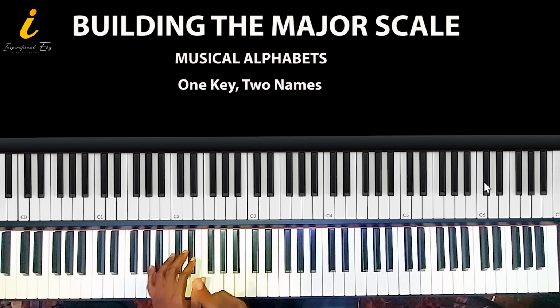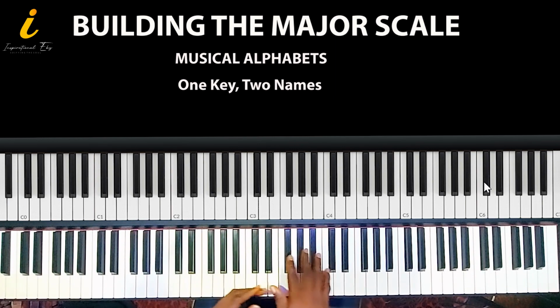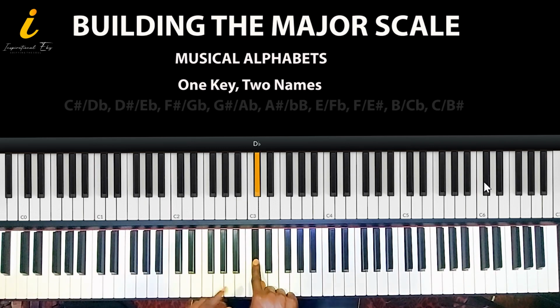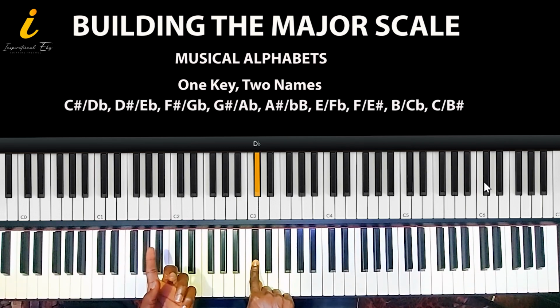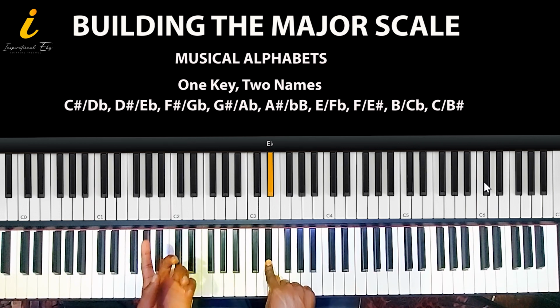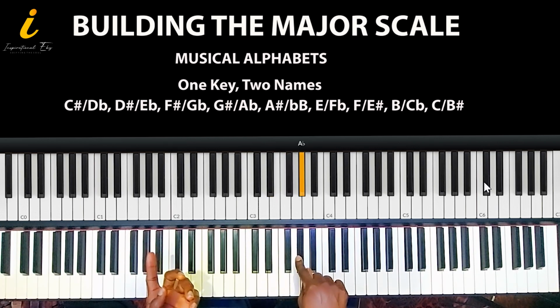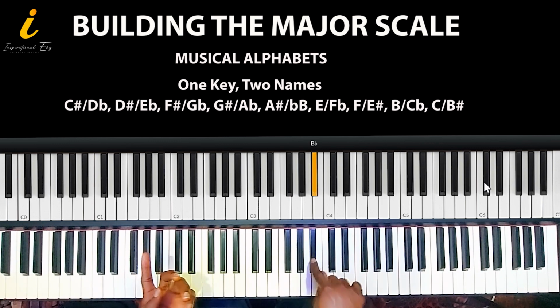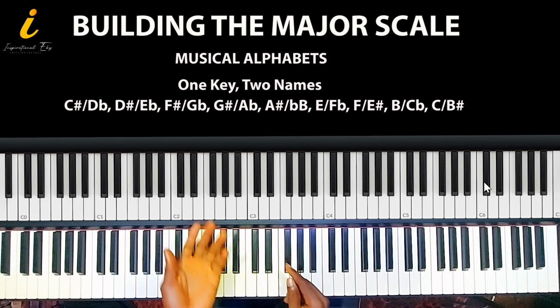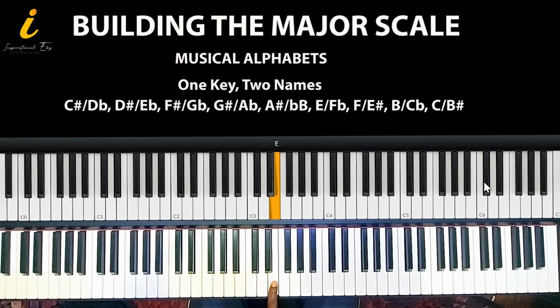Some keys are having more than one name. The 5 black keys and some white keys having more than one name. So you can see this is called C sharp or D flat, D sharp or E flat, F sharp or G flat, G sharp or A flat, A sharp or B flat, right? Let's see also some white keys there. This one is E or what? F flat.